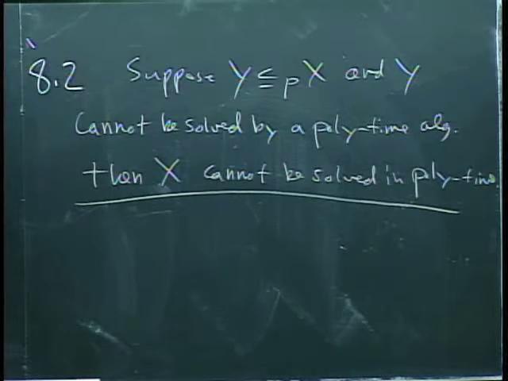I've said that the way we talk about this symbol is that y is polynomial time reducible to x. Those are the words. There's other words that are used.